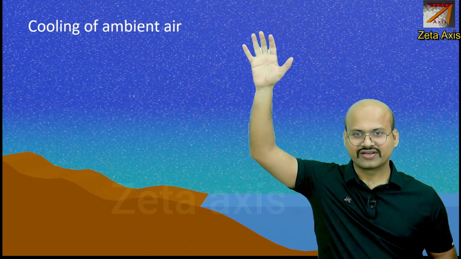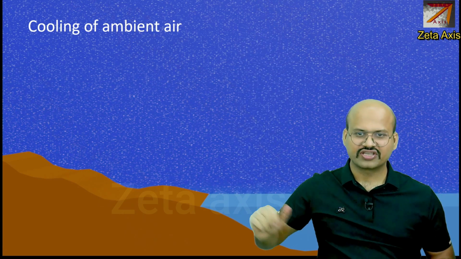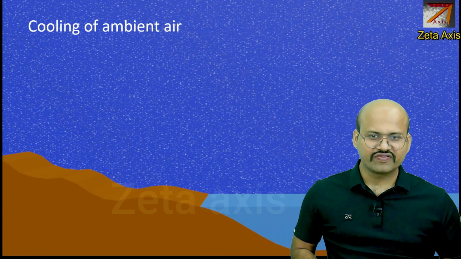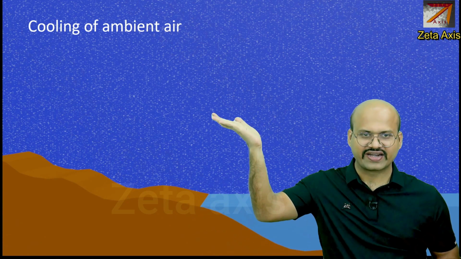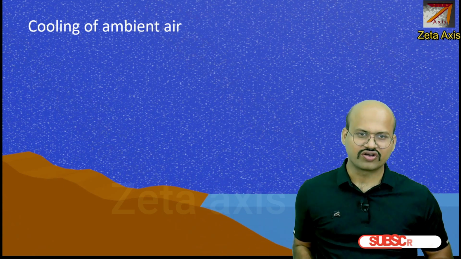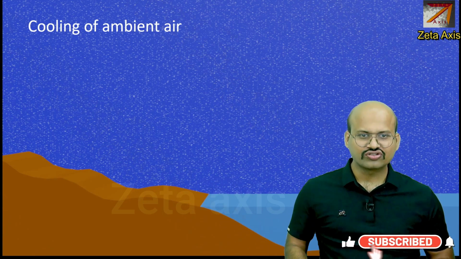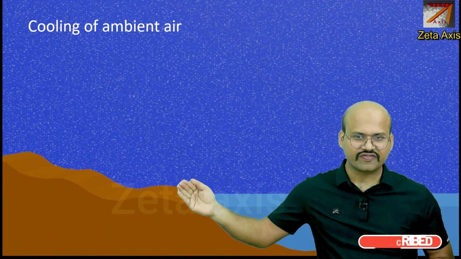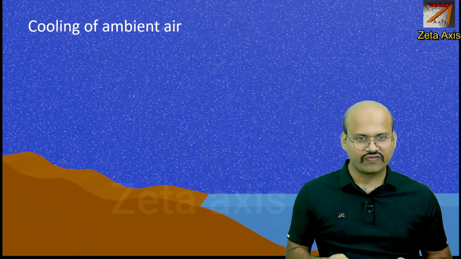This cool condition will reach the surface of the earth, so the moisture lying over here will also get cooled. So even though there is no upliftment of the air directly, there is cooling of the air. And because of this, moisture can condense close to the surface of earth, which generally leads to formation of fog.